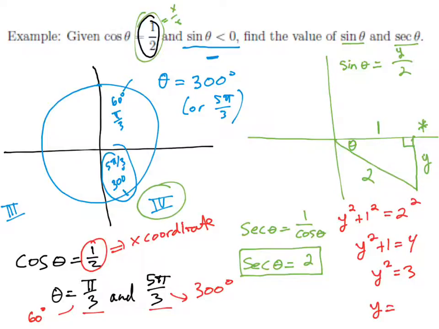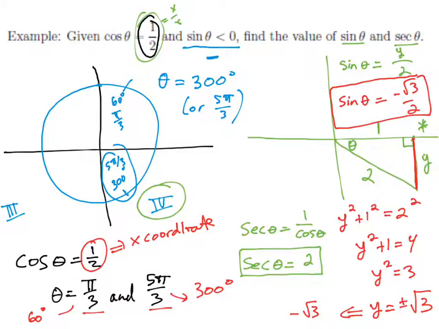So y is equal to plus or minus square root 3. Because this is below the x-axis, that y value must be negative. So I'm only going to use the negative value of the square root. So sine theta is equal to negative root 3 over 2.